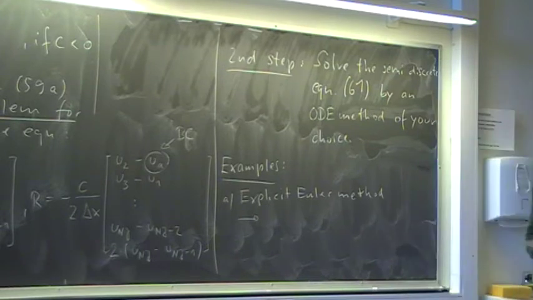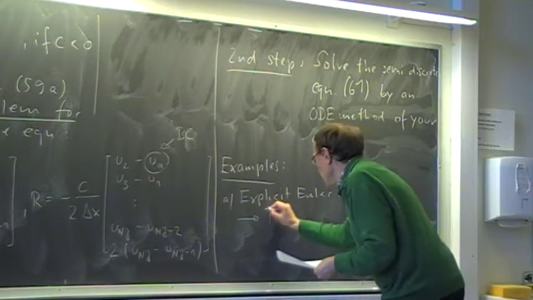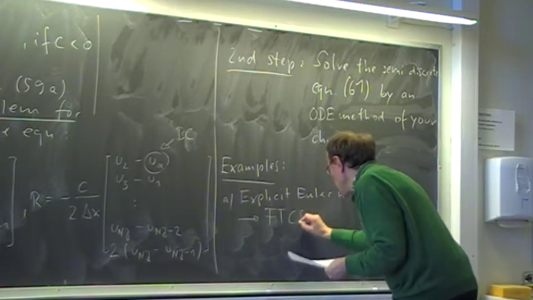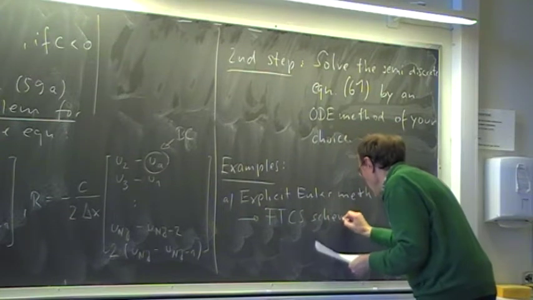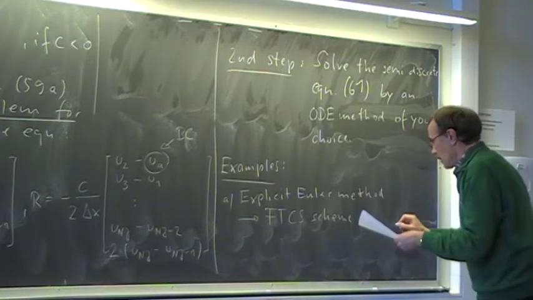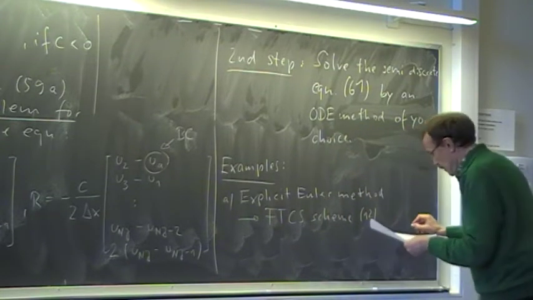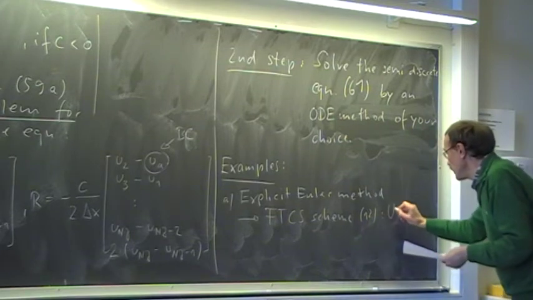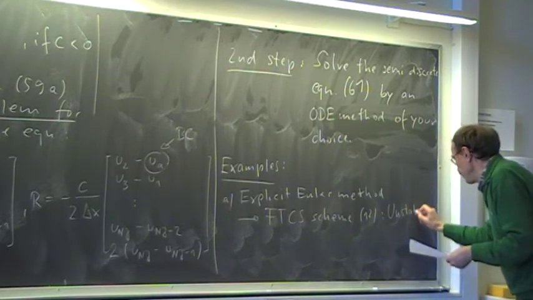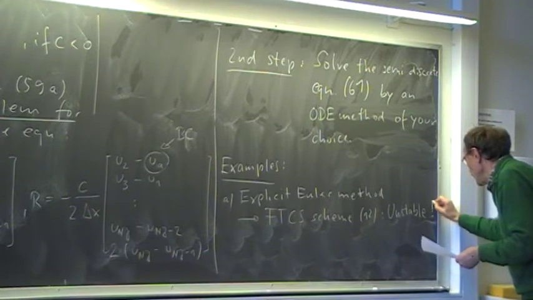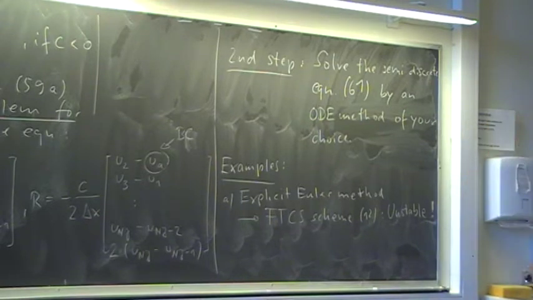What do we get? We get the forward time-centered space scheme. That is what we did in the very beginning. That was number 12 that we derived earlier. However, the method is unstable. As you saw in the previous exercise, it's completely useless. It explodes almost immediately.